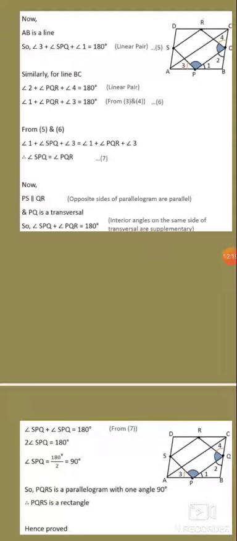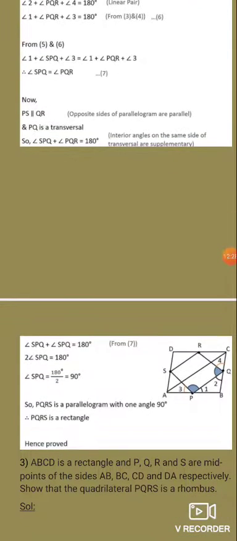So angle SPQ plus angle SPQ is 180, that is twice angle SPQ is equal to 180. So angle SPQ is equal to 180 by 2, which is 90 degrees. So PQRS is a parallelogram with one angle 90 degrees. Then PQRS is a rectangle.